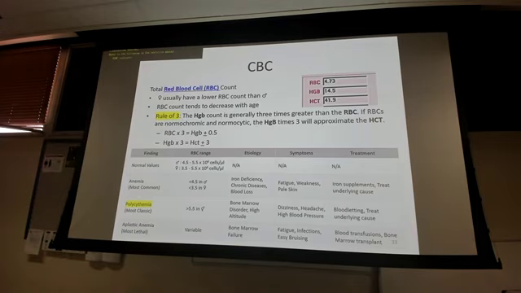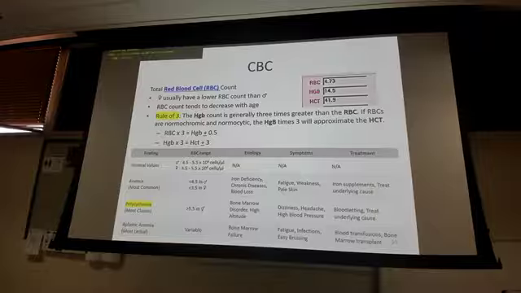So the rule of three is the hemoglobin count is generally 3 times greater than the RBC, and if the RBCs are normochromic and normocytic, meaning they have a normal amount of hemoglobin in them and they are normal size, then the hemoglobin times 3 will approximate the hematocrit. Got it?